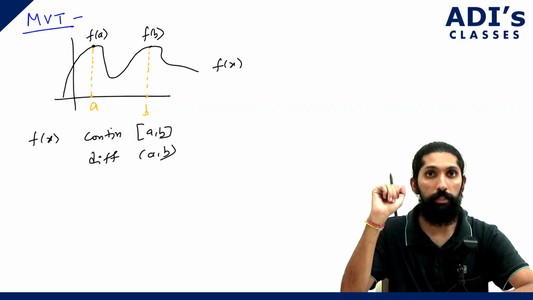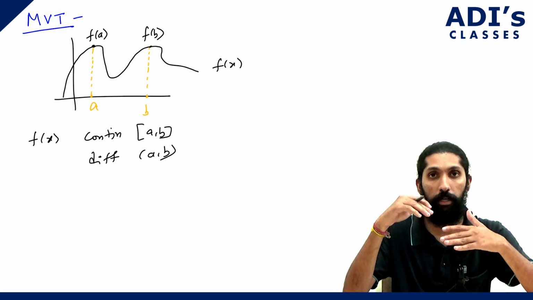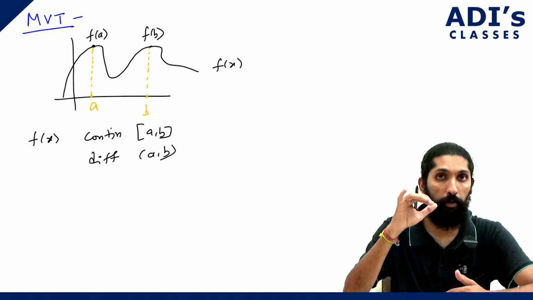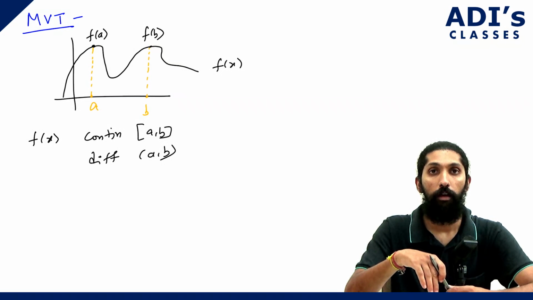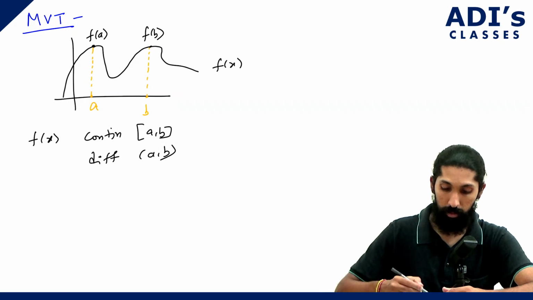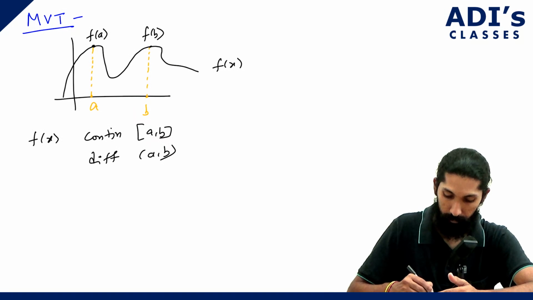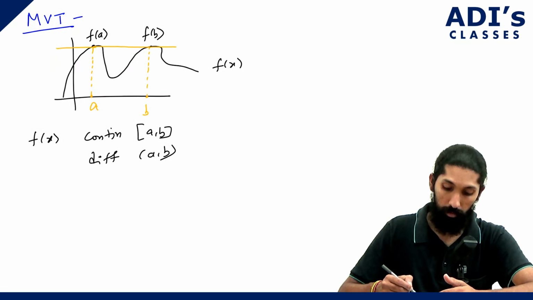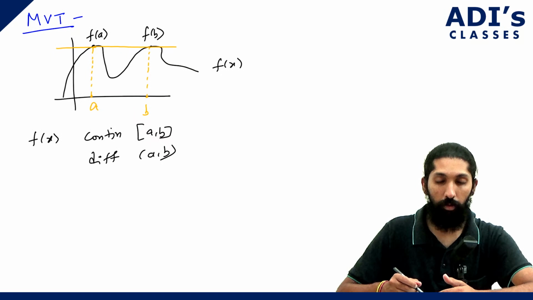The slope of the tangent is, I would not say 0, but the slope of the tangent is the same as the slope of the line, or you can say the slope of the secant between point A and B. That's a better way of saying it. So here, first we are going to join f of A and f of B. Now this particular line, it might look almost parallel to the x-axis, but it is not.